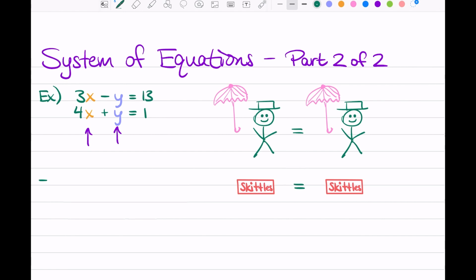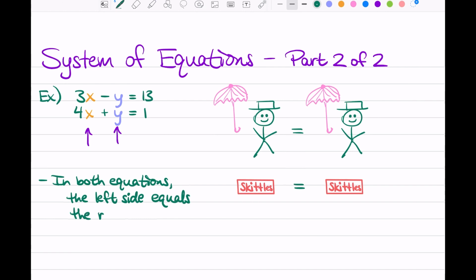And in both equations, the left side equals the right side. Or, in other words, we have something equal to something else.